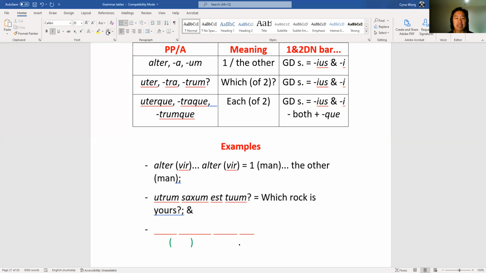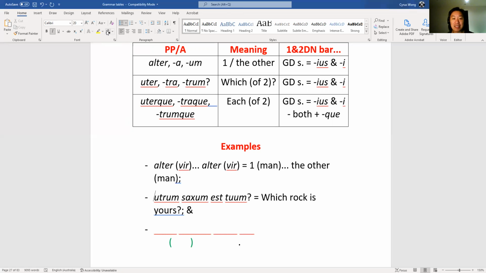Uter saxum est tuum? So if there are two rocks, great sentence. I'm just trying to use different nouns of different genders just to show you that these words decline. People do have pet rocks. Don't know if you do, but people do.